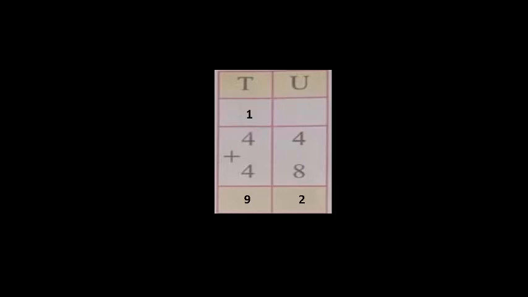Let's carry 1 in the tens place and write down 2 in the units place. 4 plus 4 is 8, including 1 which is carried over. So the answer is 92.